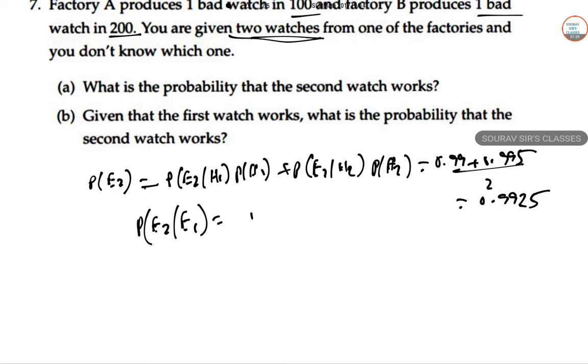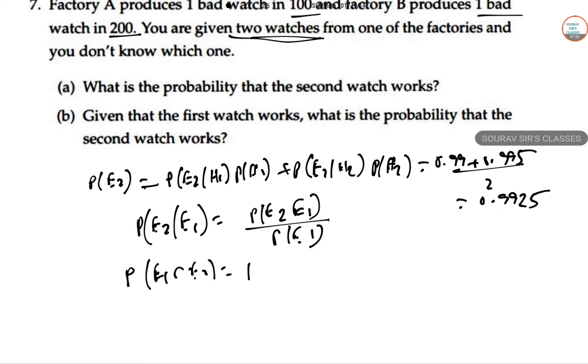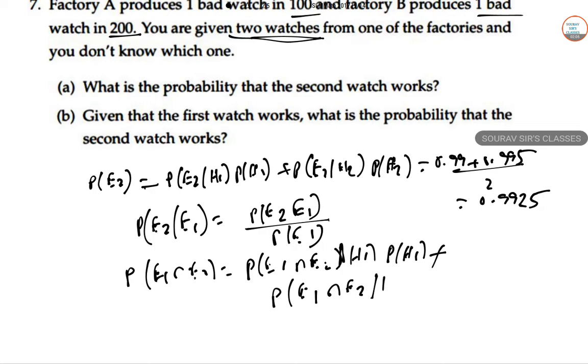Now we compute the probability of E2 given E1. So this is P of E1 intersection E2 by P of E1. In the previous part we know P of E1 is this value. P of E1 intersection E2 is P of E1 intersection E2 given H1 into probability of H1, plus probability of E1 intersection E2 given H2 into probability of H2.